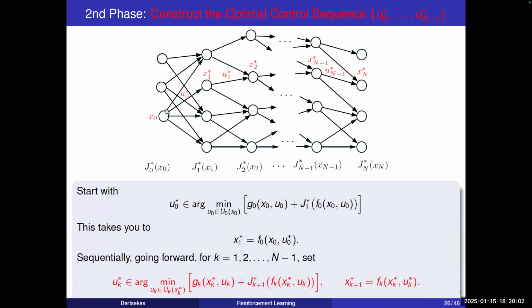Basically, in this way, as you can see in this figure, the operation already starts, right? We are at x0. We already know we are at x0. We don't need to compute the control for all the other states at stage 0, which are irrelevant to us. We only compute the u0 star that applies to x0. And we move forward to x1 star, and we calculate again this equation by looking for this u1 star.